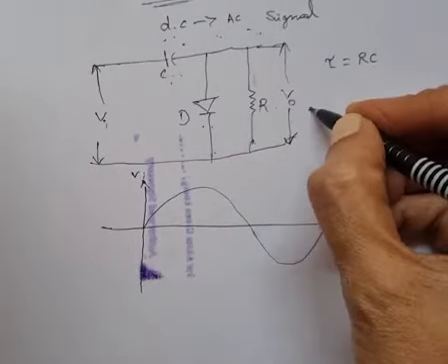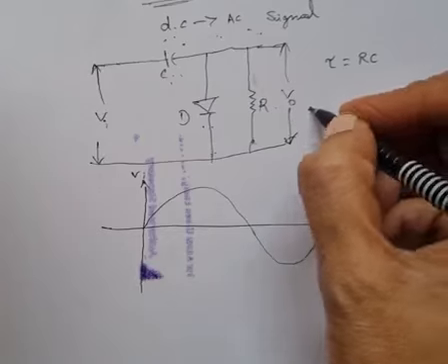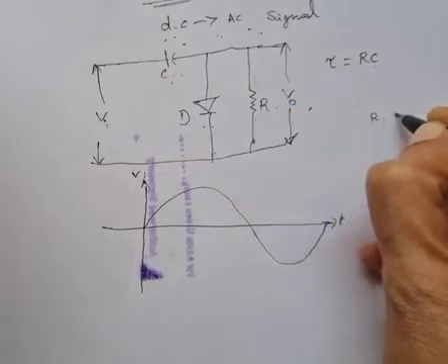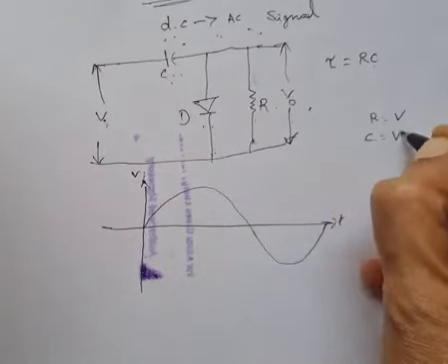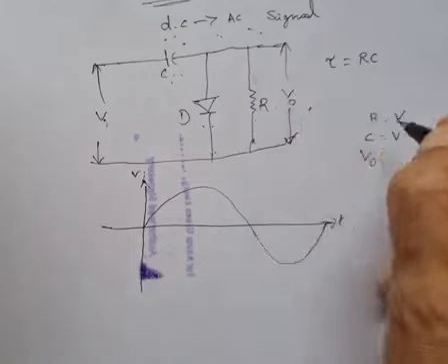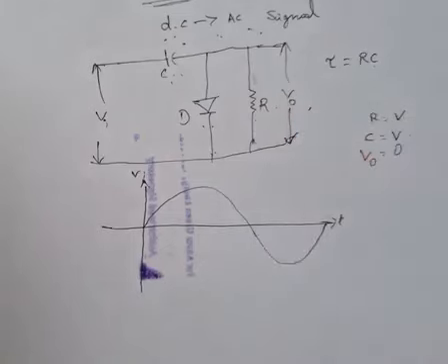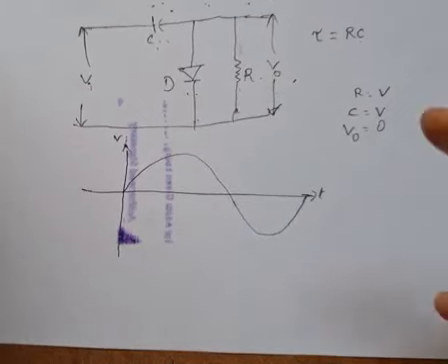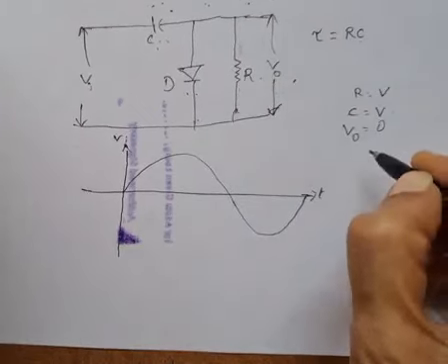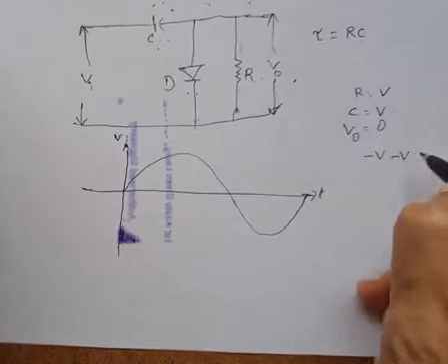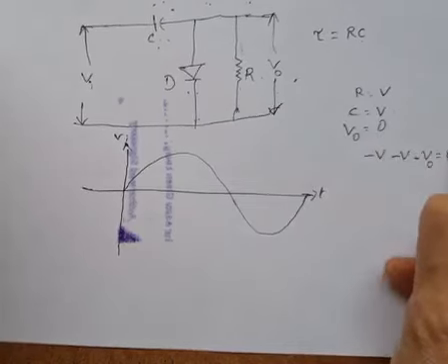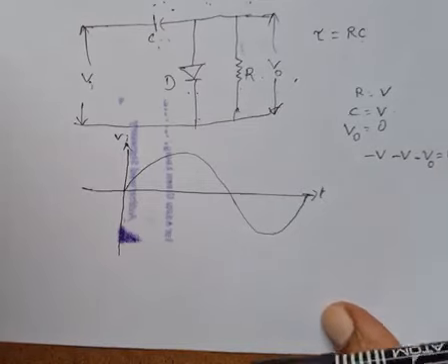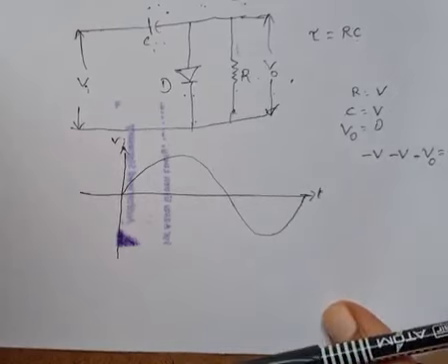So here we apply Kirchhoff's law: when the diode conducts, some V is across the resistor, some V will occur across the capacitor, and V naught at that time will be 0. Kirchhoff's law says the sum of voltages is equal to 0.